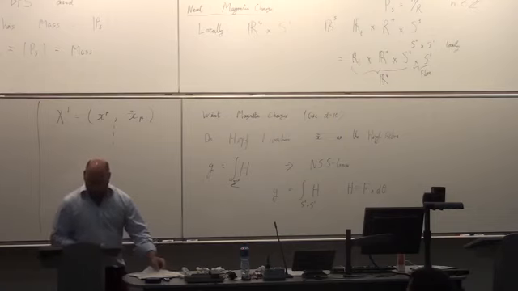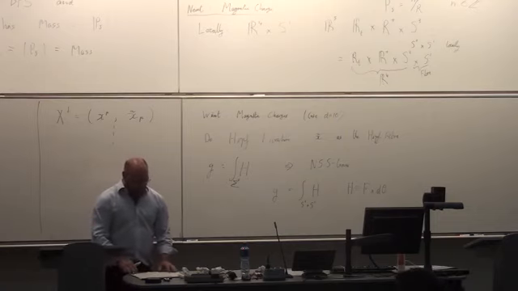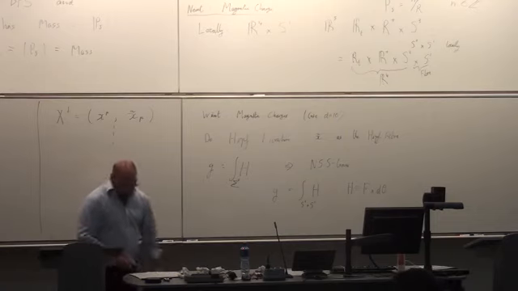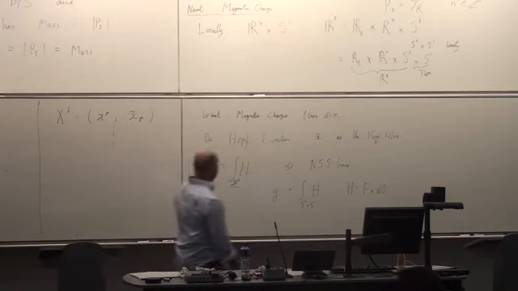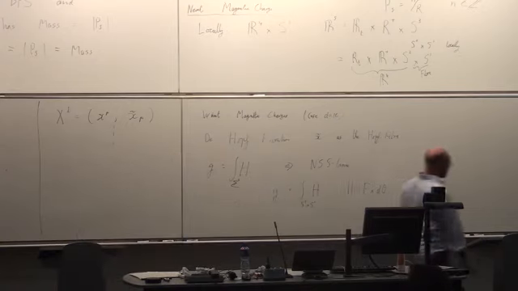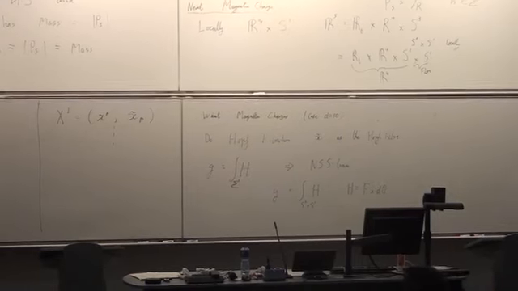Okay. So, wow, time is flying. So we've done this. We've got the magnetic thing. We've got the NS5 brane. It's the Kaluza-Klein monopole.